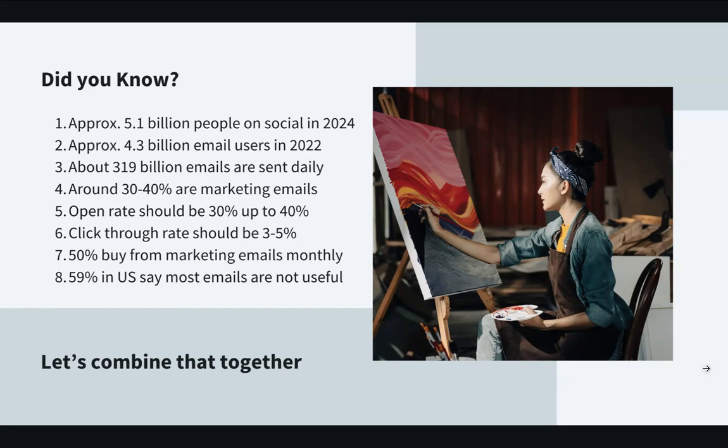But typically out of a large audience, 30 to 40% is seen as good. Click-through rate is about 3 to 5%. Yeah, but you see the last number? Most people say emails are not necessarily useful. And whoever you ask, professionals would say the inbox is again full, and still so many emails.